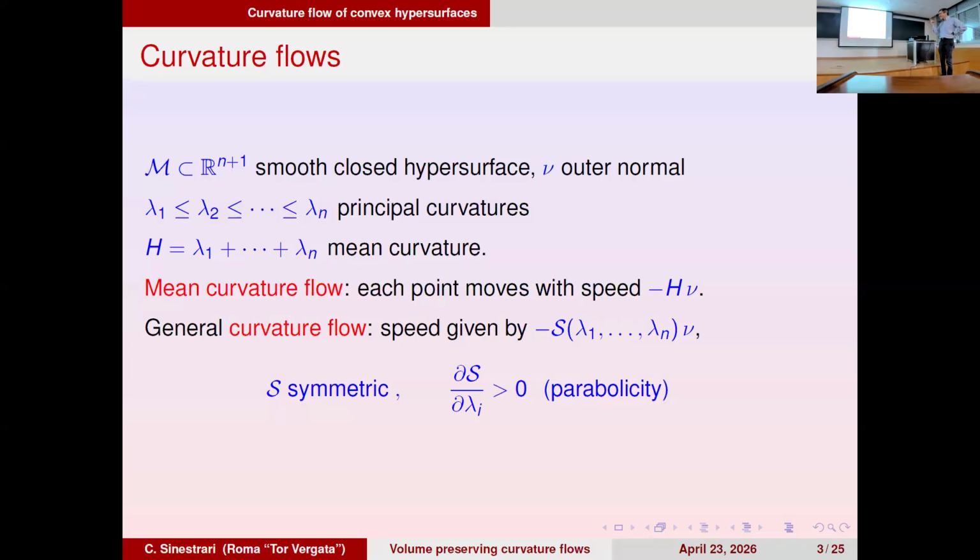And with this condition, this ensures the well-posedness of the problem, the local existence of smooth solutions. I will focus on the contracting case so that S is a positive function, at least on the positive cone, so speed which is contracting on convex surfaces.